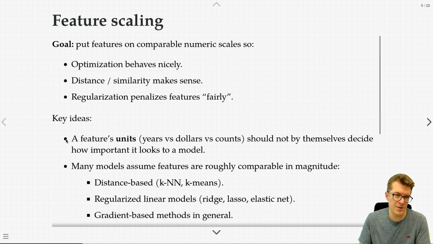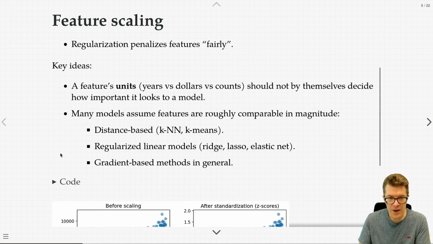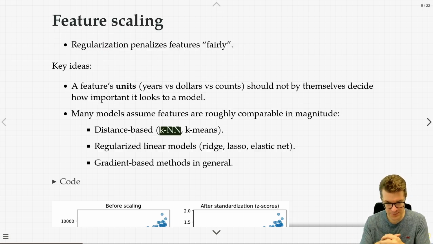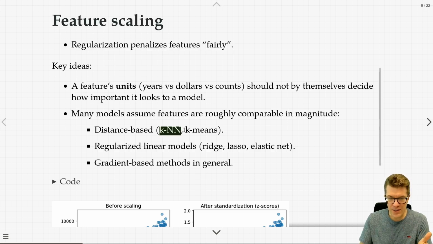And how do the units affect models in undue ways? Well, we've already seen k-nearest neighbors, a form of classification explicitly based on distance: how do you measure which neighbors are near or not near?